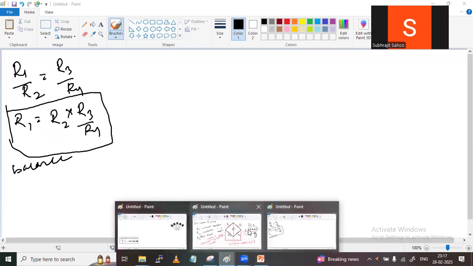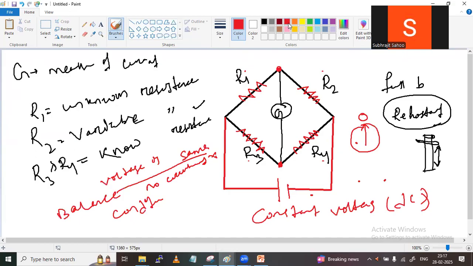Now again assume here. Suppose I unbalance the circuit by increasing this unknown resistance by del R1. Suppose I expose this resistance to high temperature regions. When temperature increases, resistance increases. So the resistance increases, suppose R1 plus del R1.